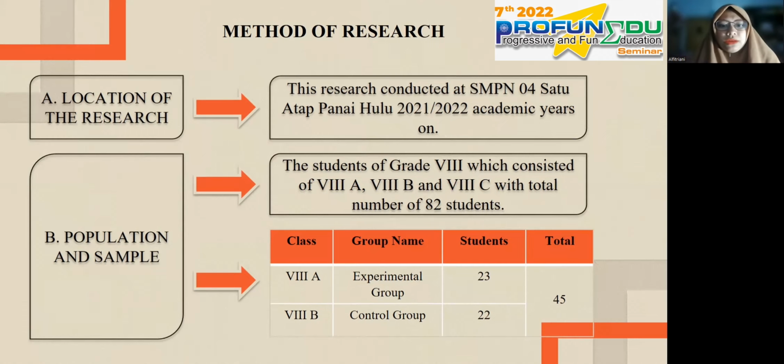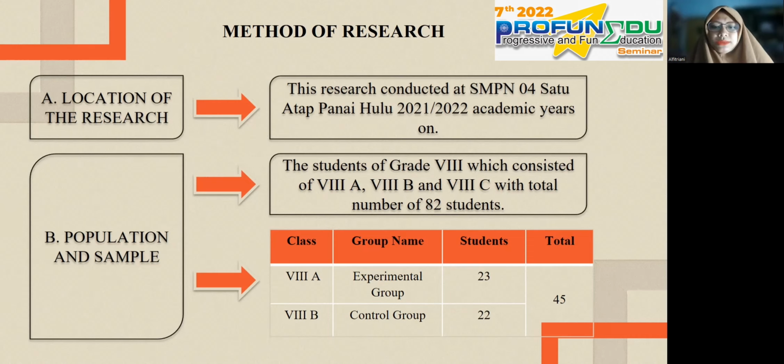And as the sample, we took two classes. Class A is the experimental group, 23 students, and class B is the control group, 22 students.